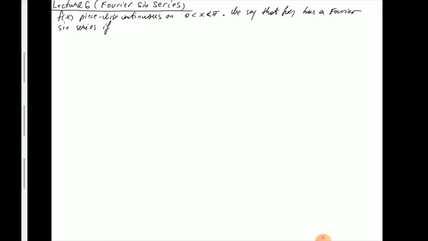on this interval if you can write f of x as a linear combination, a series of sine functions: a1 sine of x plus a2 sine of 2x and so on, or in summation form, the sum from n equals 1 to infinity of an sine of nx.